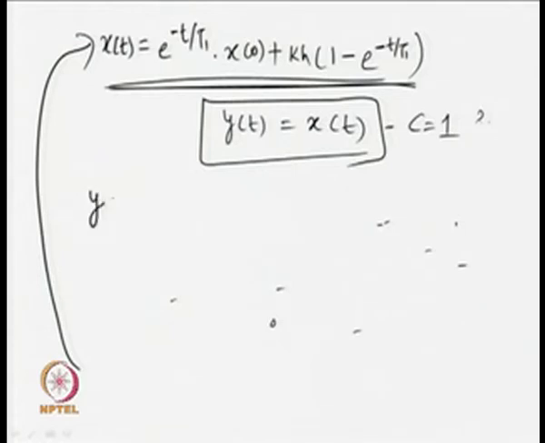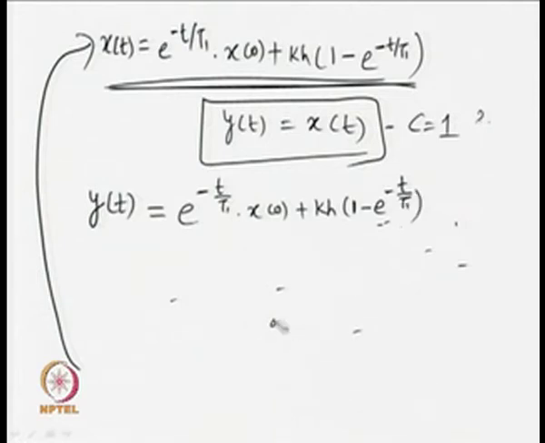Then the output of the system y(t) becomes e to the power minus t upon T1 times x0 plus kh times 1 minus e to the power minus t upon T1. This is the expression for the output of the first order plus delay system under relay control.